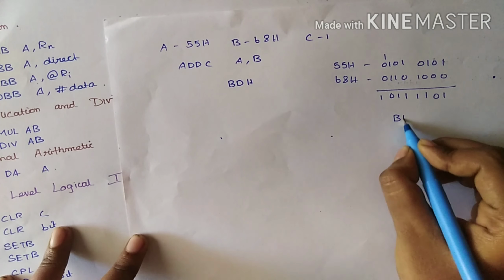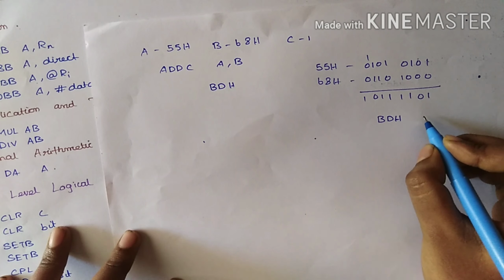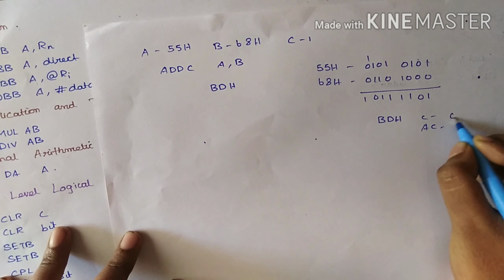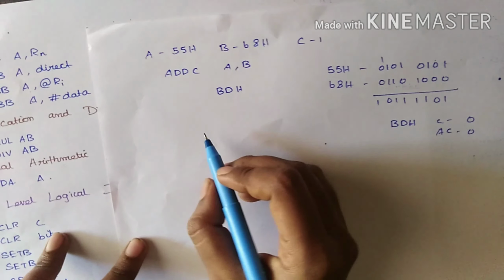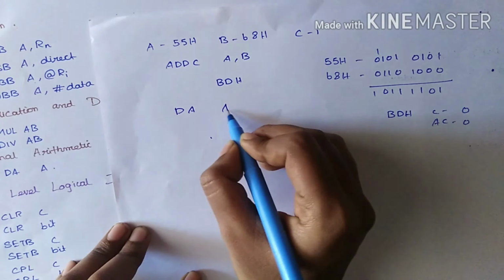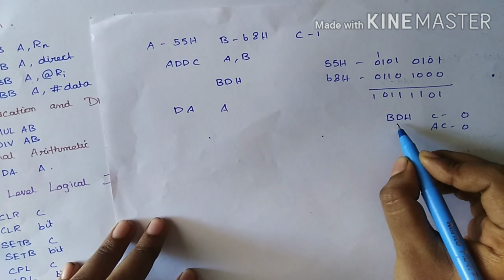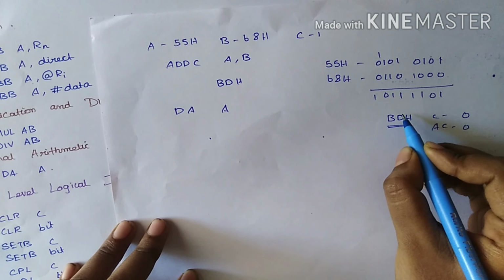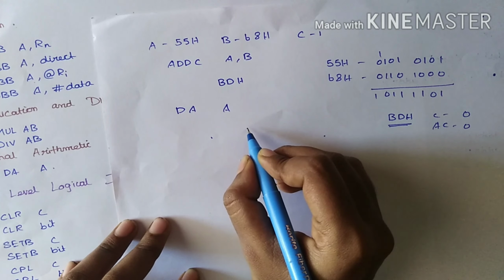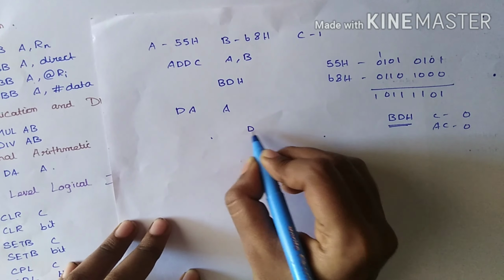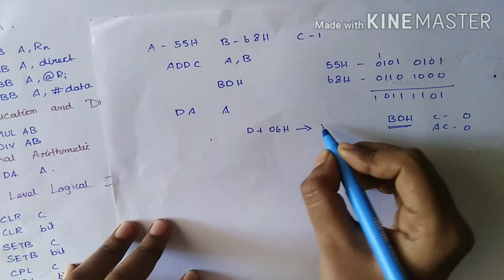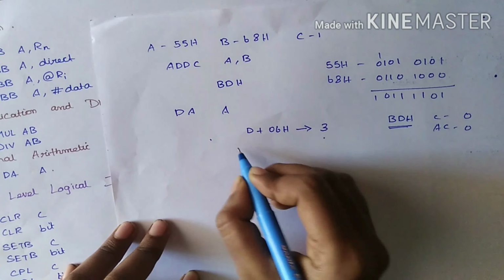we get the value of BDH, and both the carry flag and the auxiliary carry flag are not set, so these are 0. So now this instruction DAA will check the result that is stored in the accumulator. Now on checking the lower nibble, this is greater than 9, so it will add the value of 06H to it, and so the result will be 3.